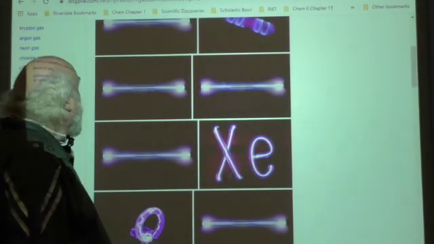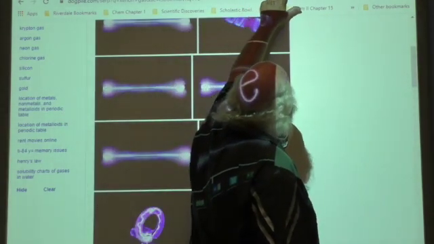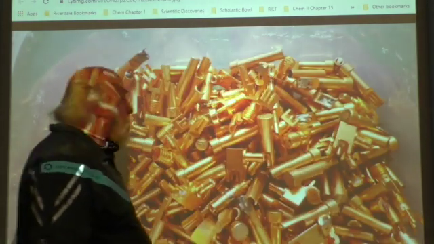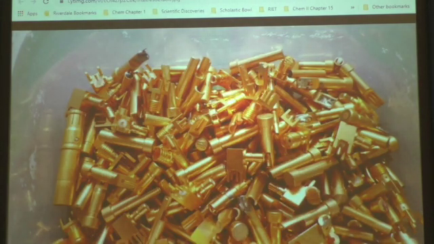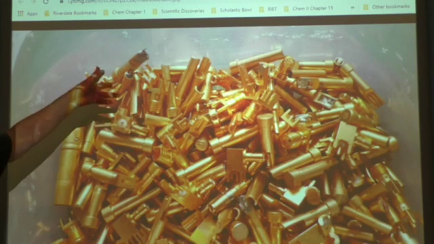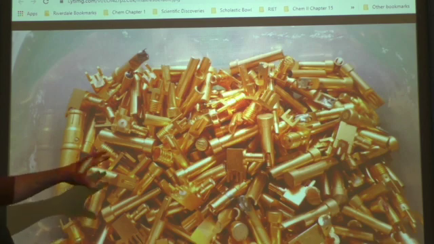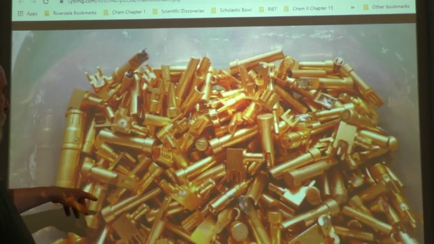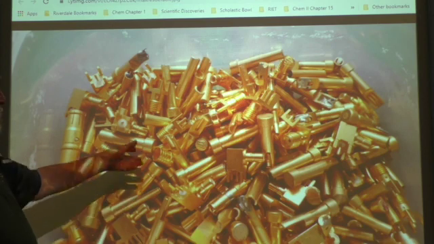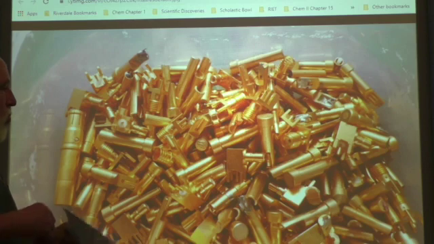So let's take a look at gold. Now, you can see in this picture here, we have gold in all kinds of shapes and contraptions. It looks like these are like really good plugs and some kind of shells that we use in electrical work.